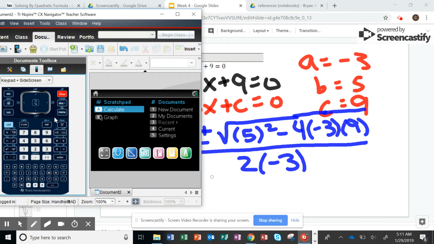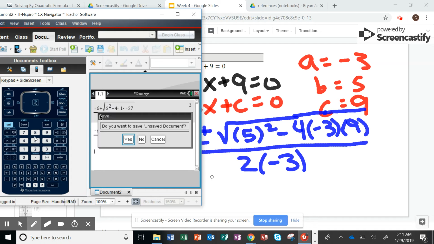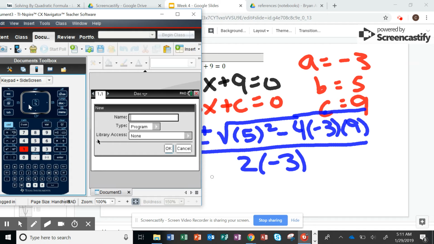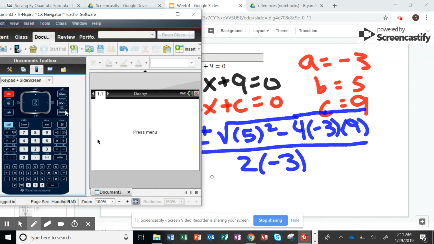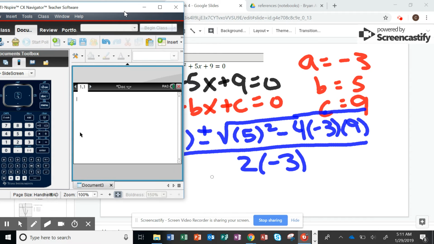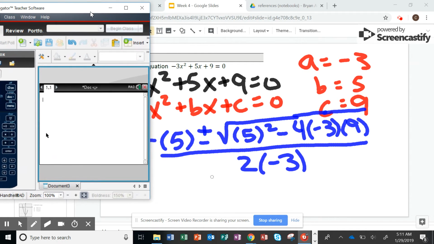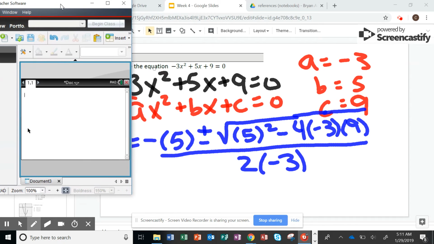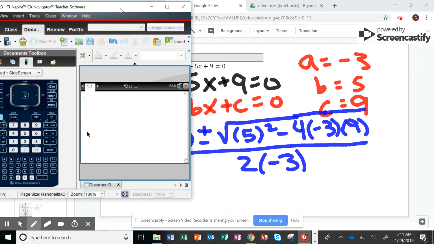And again, we go to home page, press 1 for new document, no. All right, so remember that the plus or minus means that we have to separate this expression into two different things here. So we have negative 5. We have a fraction first, so we have to make sure we do the fraction.